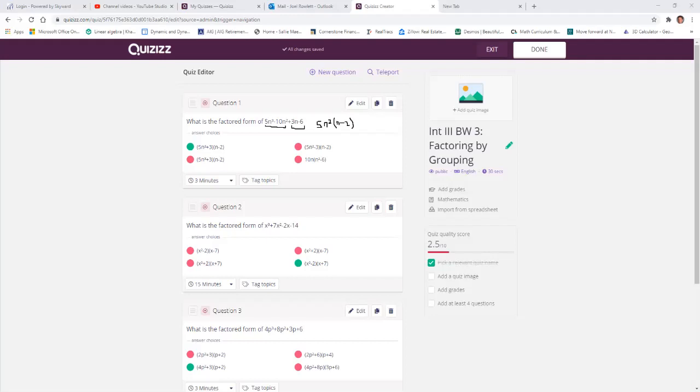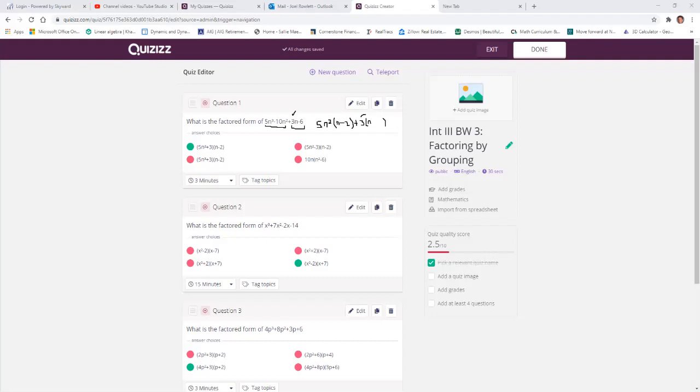Now let's look at the second 2 terms. I can take a 3 out, right? So I can take out a positive 3. And if I take out a positive 3, what would that leave me inside parentheses? Well, what would I have to multiply this 3 by to get 3n? Well, the answer would be n.